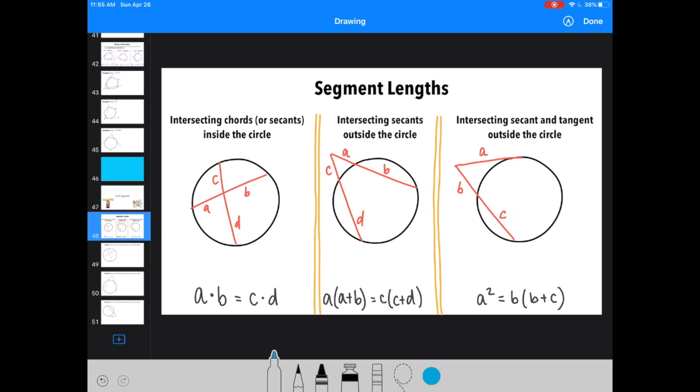If I have intersecting secants where the intersection occurs outside the circle, you will take that portion multiplied by the addition of all those components of the secant. And finally, if I have an intersecting secant and tangent, I take the tangent squared equal to my outside portion of my secant multiplied by the addition of all the components of my secant.